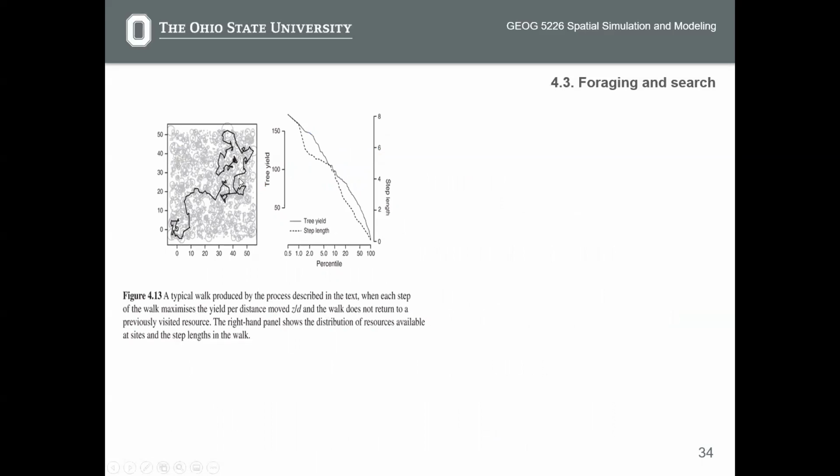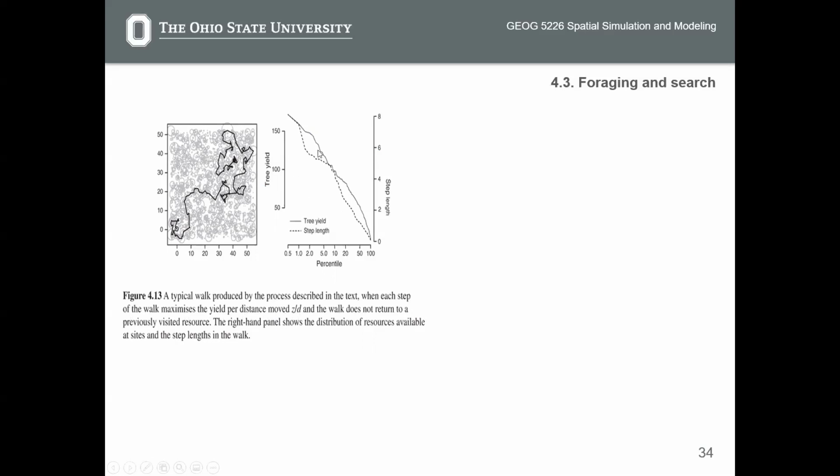That is the trajectory of the monkey, of the forager, and it starts from this black circle, black tree. During this searching process, it is following the strategy of the ratio: maximize the yield per distance moved, the ratio between Z and D.